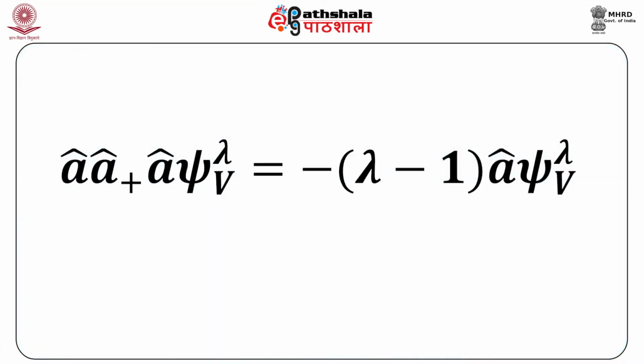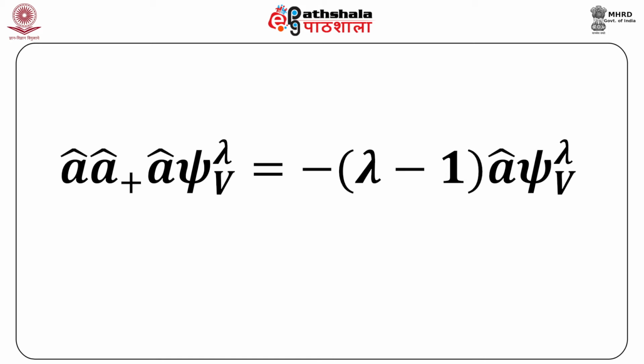Now let's take the next step and let's operate A cap, as you can see here, on the left hand side of equation A. So once A operates on equation A, it becomes A cap, A plus cap, A cap psi v lambda is equal to minus lambda minus 1 A cap psi v lambda.